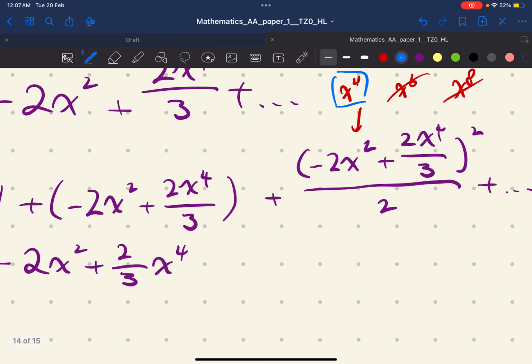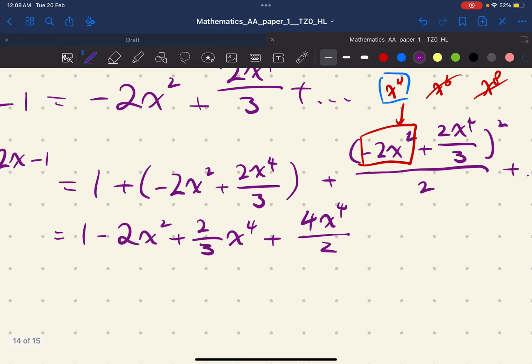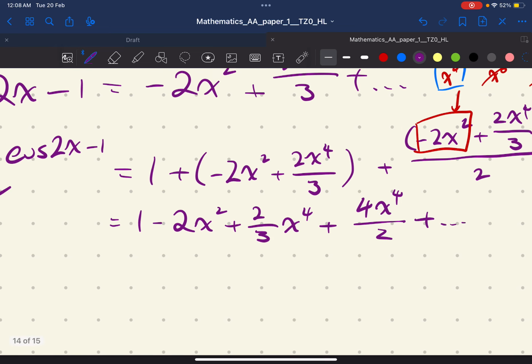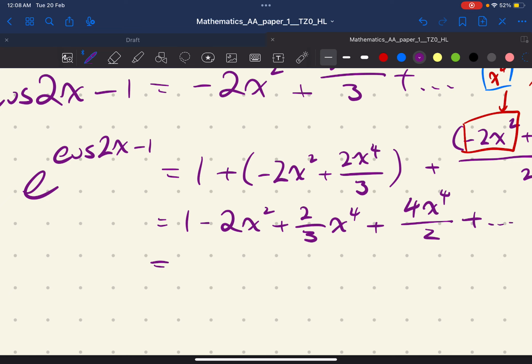So what you need to do is just selectively expand the first one. Okay, selectively expand the first one. So negative 2x squared, squared, which is just 4 x power 4 over 2. Right? Just like this. And then the rest, just leave it there. You don't need to expand it. It's none of their business. So 1 minus 2x squared like this.